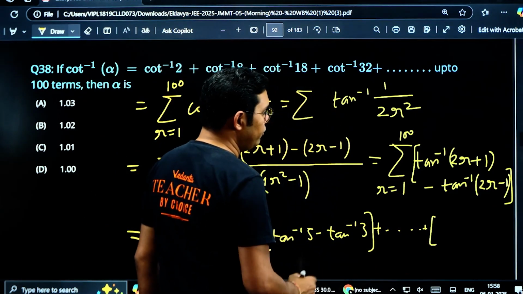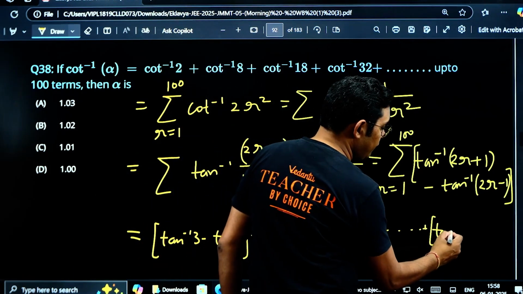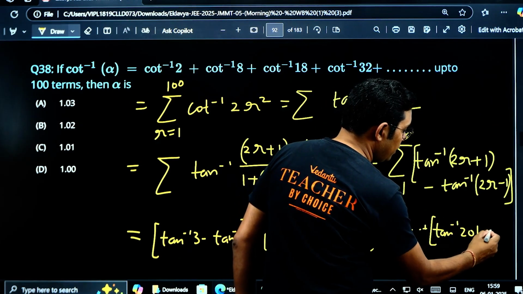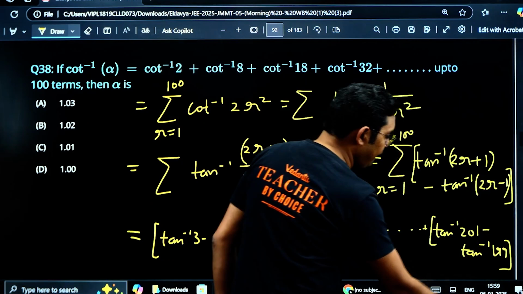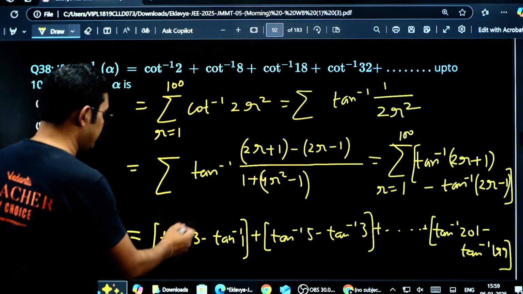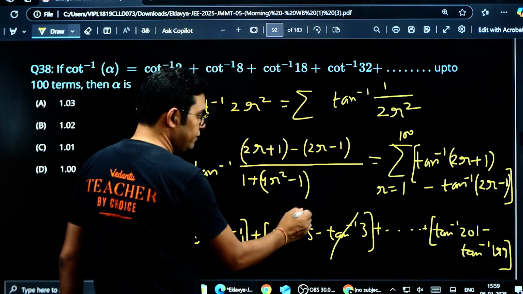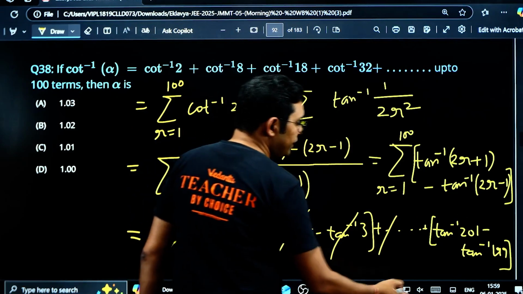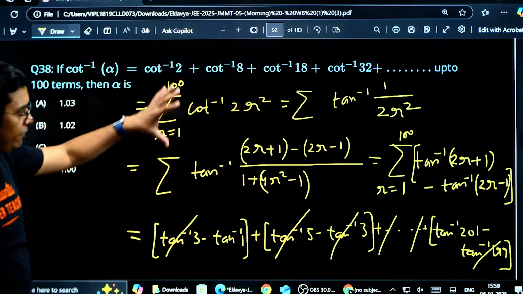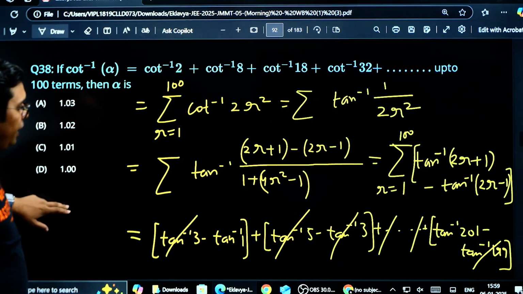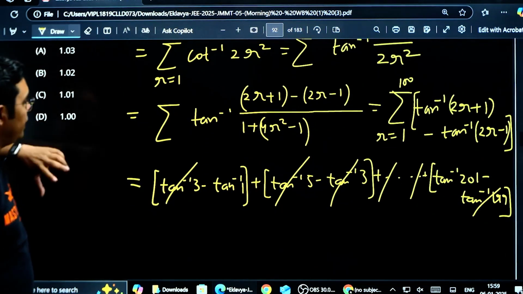And the last bracket, if you put 100, will be tan inverse 201 minus tan inverse 199. You can see if you add all of them, tan inverse 3 gets cancelled, tan inverse 5 also gets cancelled with the next one, tan inverse 199 gets cancelled with the previous term. So in total we have tan inverse 201 and tan inverse 1 remaining.